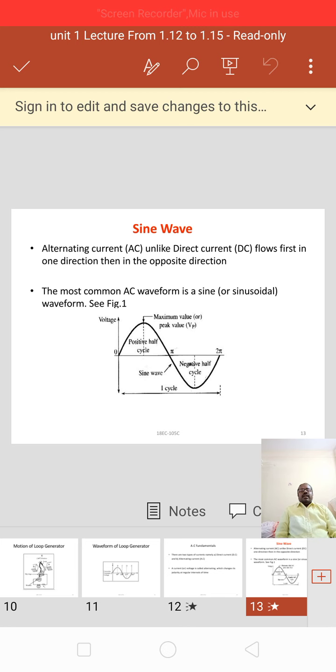Okay, it changes from the peak value to the 180 degrees angle. This total peak, or total change from 0 to 180 degrees, is considered to be the positive peak.